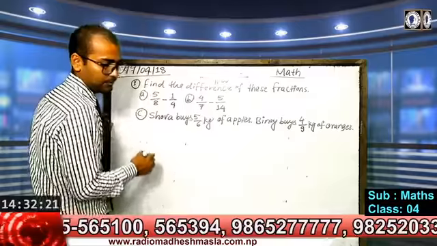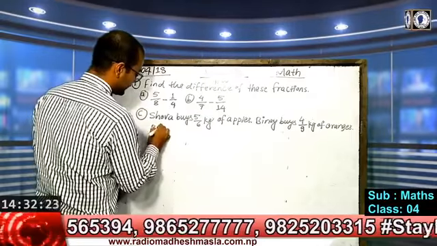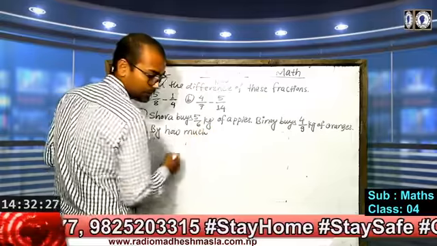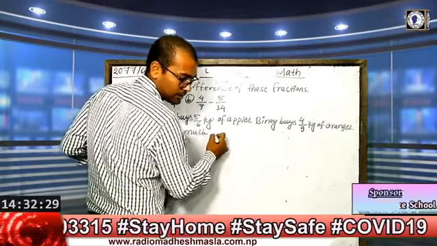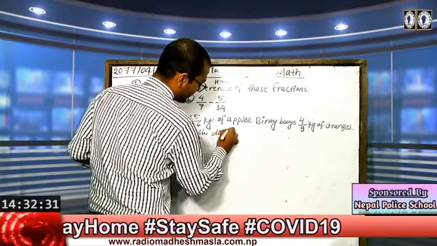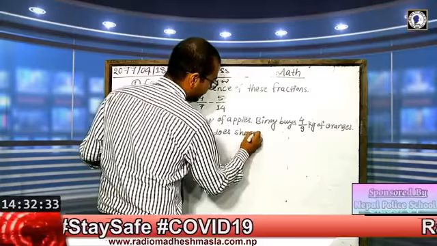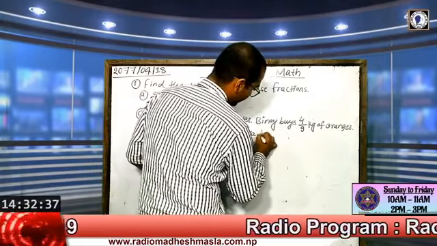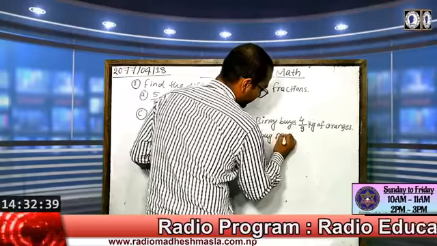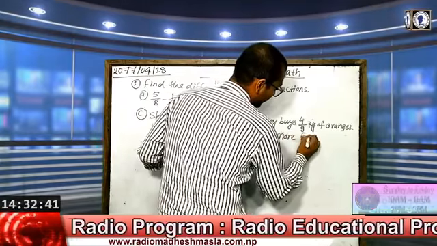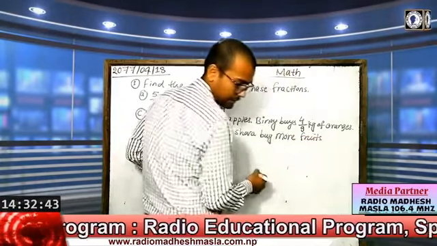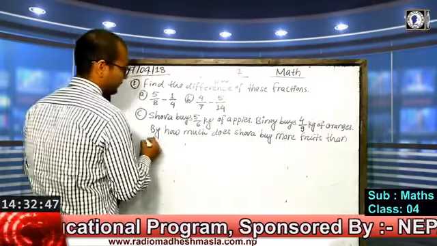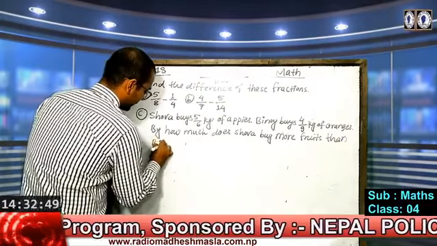By how much does Shobha buy more fruit than Binay?